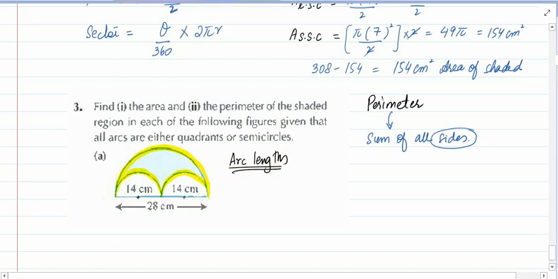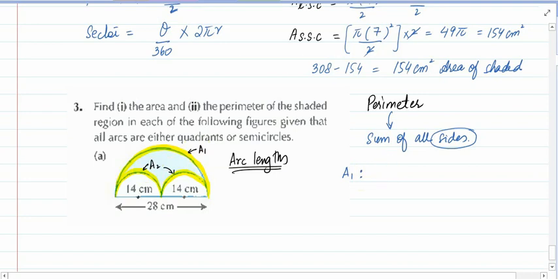To make it easy, we just name them. Let's say it's A1, arc length 1, A2, and A2 is the same because both semicircles are the same, right? So first I'm going to find the arc length 1. Now you have the working formula in front of you.